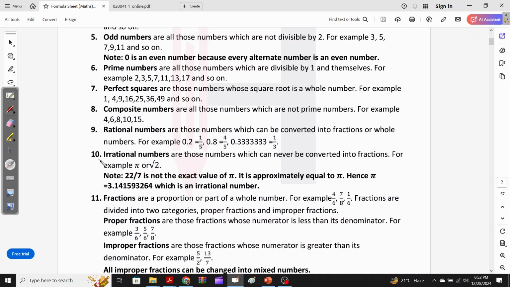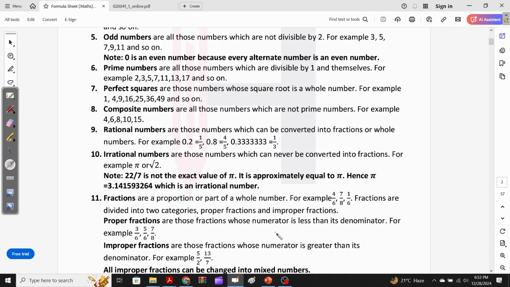These are all treated as irrational numbers, because the square root of 2 is 1.4142, and the digits after the decimal go on and on. 22 upon 7 is not the exact value of pi, it is approximately equal to pi. The value of pi is going to continue, so this is how you consider the irrational number system.